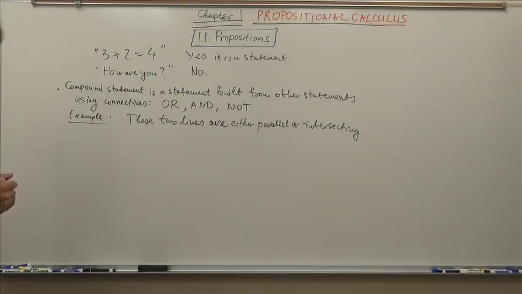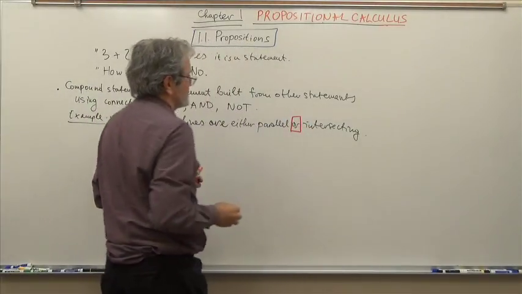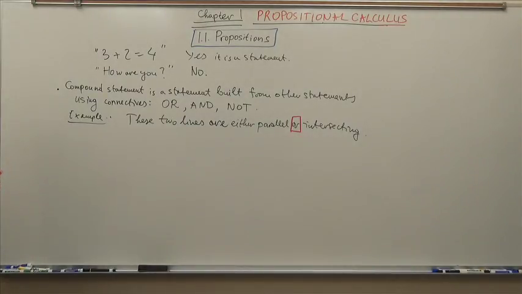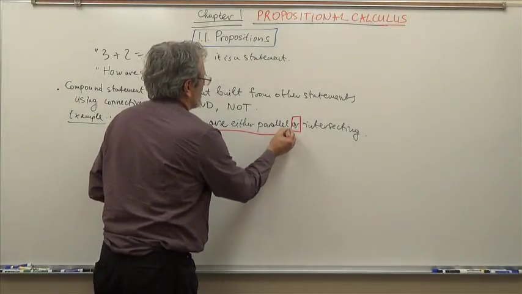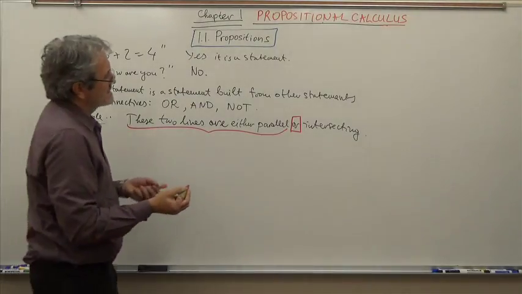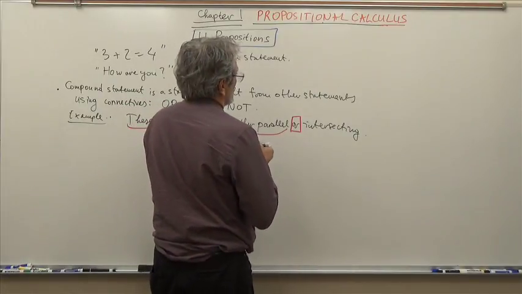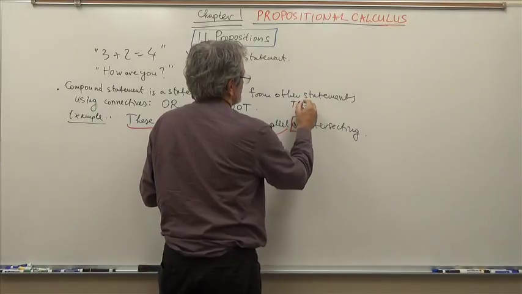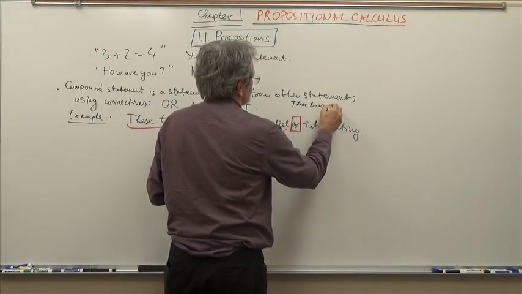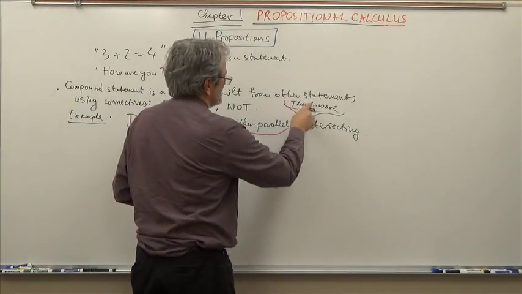It is compound because there is this part, or, that connects two separate statements. What are they? These two lines are parallel, and then sometimes we shorten one of the sentences. That's how language works. Maybe it would be better to say, or these lines are intersecting. That would be a different statement.